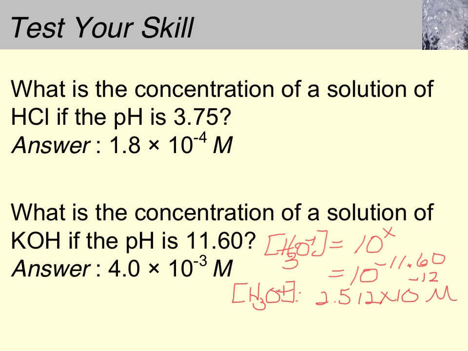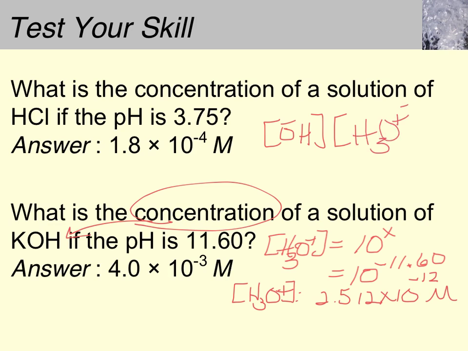The problem is asking you for the concentration of the hydroxide. And so how do you get that? You remember now that concentration of hydroxide times concentration of hydronium ion multiplied together equals Kw, which is 1 times 10 to the minus 14.